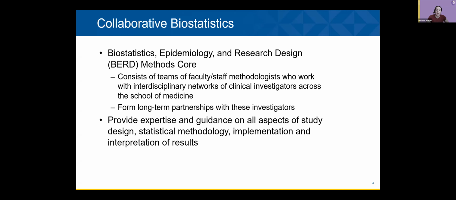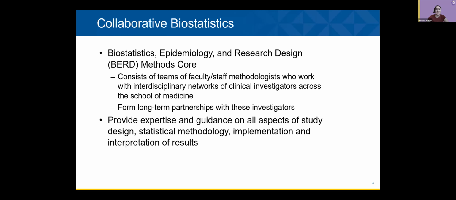And the idea is to form long-term partnerships with these investigators. So when they have some sort of research problem, like I'll be talking about today, we can work on different statistical methods to help them answer that research question and maybe to evolve on that in the future. We can put in more grants with these same investigators to try and collect data to help us further those methods as well.